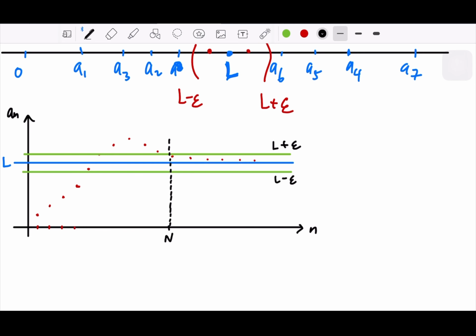They will always be in between L plus epsilon and L minus epsilon.